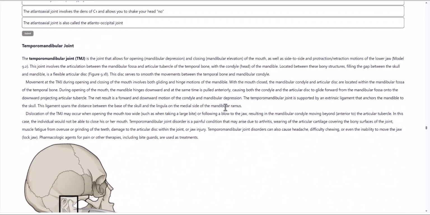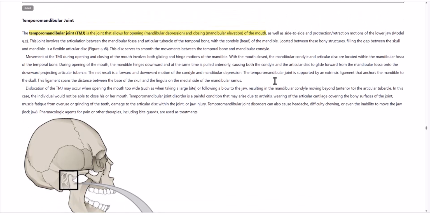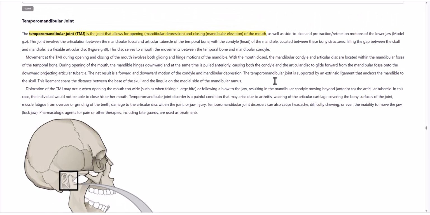Temporomandibular joint. As the name tells us, it is between the temporal bone and the mandible. It is your main chewing joint. It is opening and closing your mouth. Now, this is a very complex joint in that in addition to chewing, think about it right now. If you're chewing some gum, yes, you can chew up and down, but you also know that you can go side to side, right?